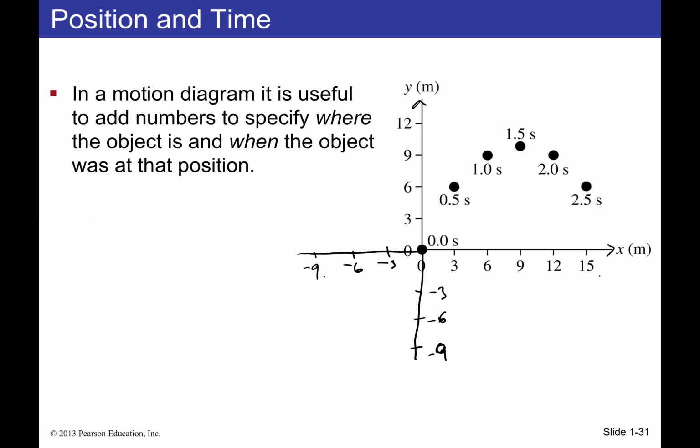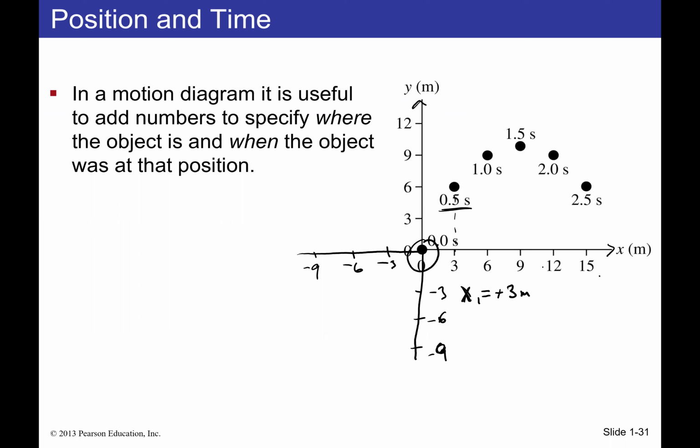Okay, so for example, at 0.5 second, the object's horizontal position has to be written as x1 is plus 3 meters. So it indicates that it's not 3 meters to the left of the origin, because the origin becomes our reference point.